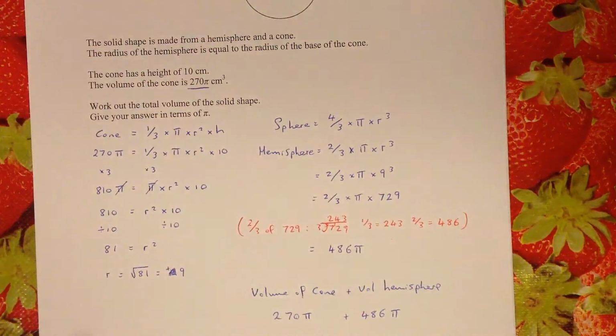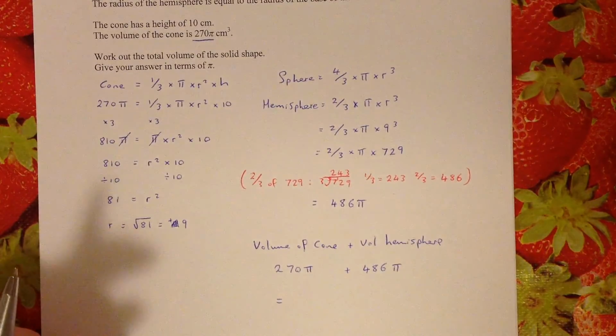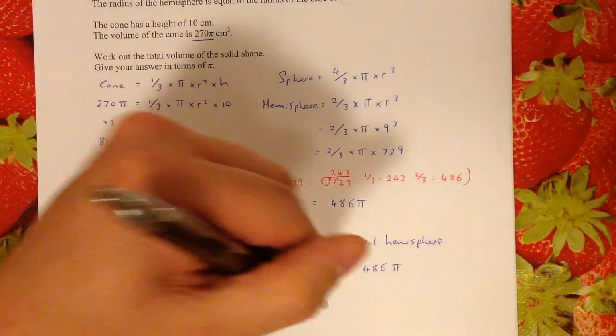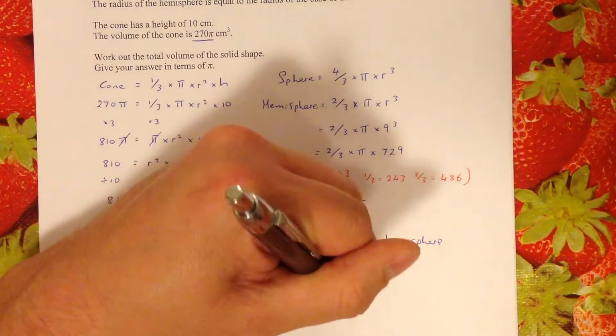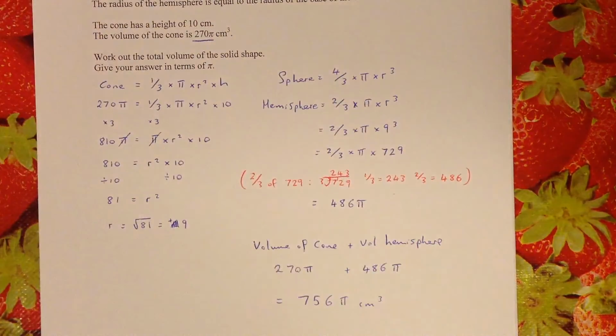So we end up with 270 plus 486, giving us 756 pi. Don't forget the units, centimetres cubed.